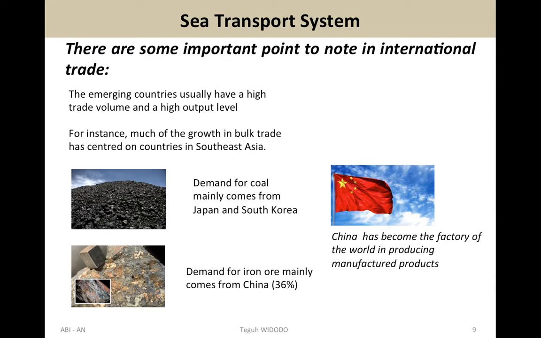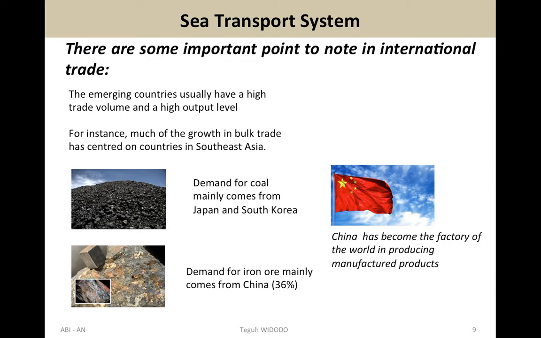And then a subchapter about sea transport system. We know that there are some important points to note in international trade. Basically, the emerging countries usually have a high trade volume and high output level. For instance, much of the growth in bulk trade has centered on countries in South Asia.